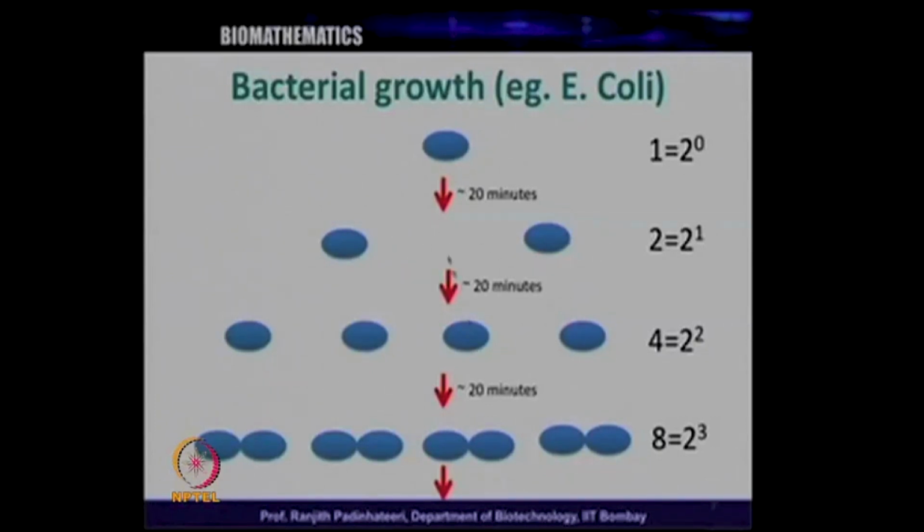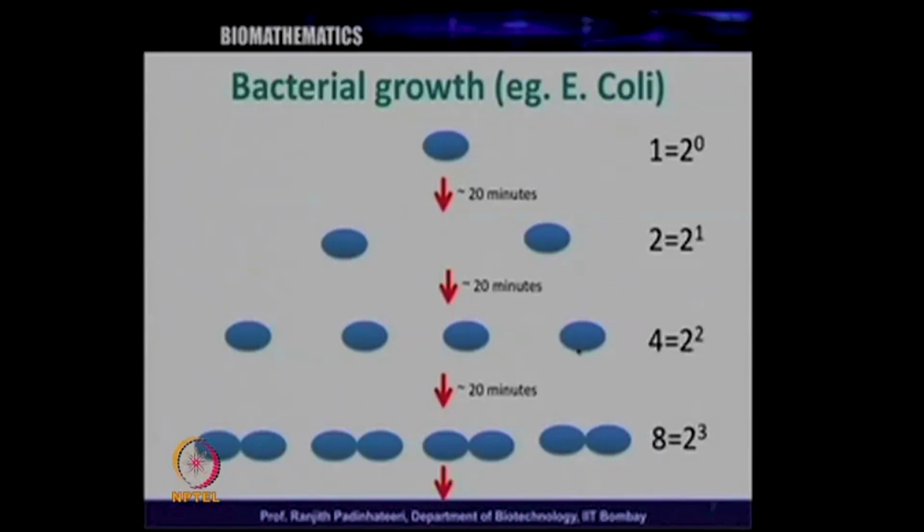Now in the second generation, another 20 minutes if you wait roughly, you will get 4. This will divide into 2, this will divide into 2. So you have 4, which is 2 power 2, the second generation. Everything is divided into 2, and this power is for the generations.